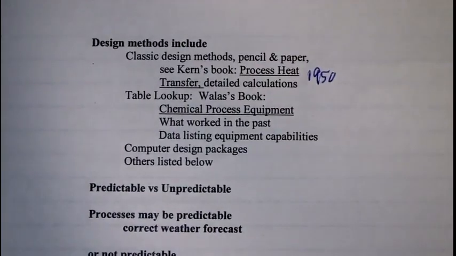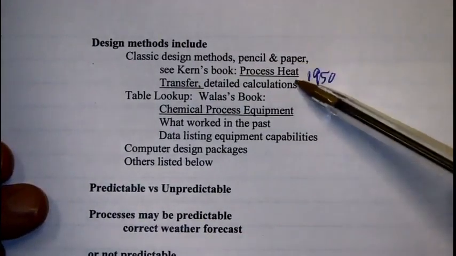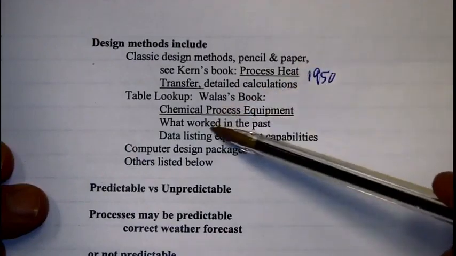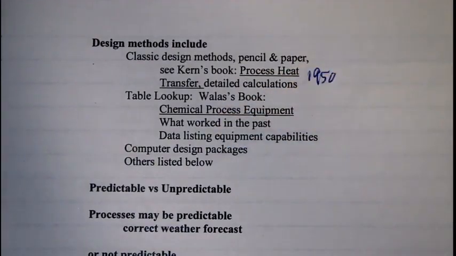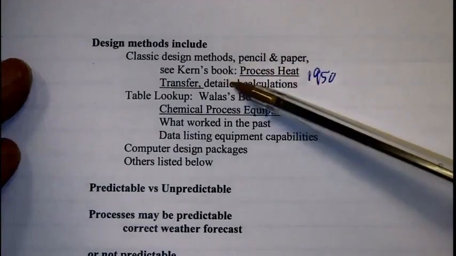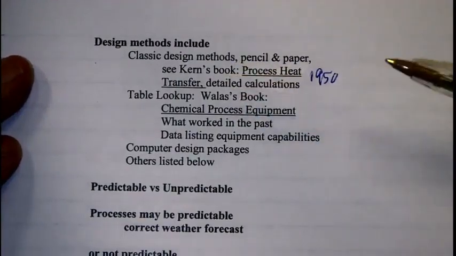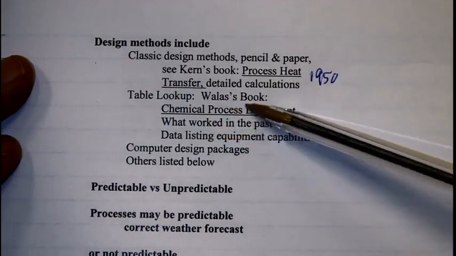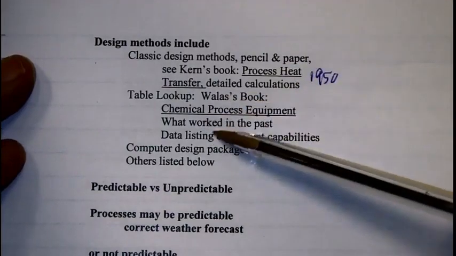Now, as opposed to detailed calculations, lots of things don't necessarily lend themselves to calculations. Heat transfer is fairly easy, and as a result there are lots of ways of designing a heat exchanger. Lots of equipment tends to be less amenable to calculations.